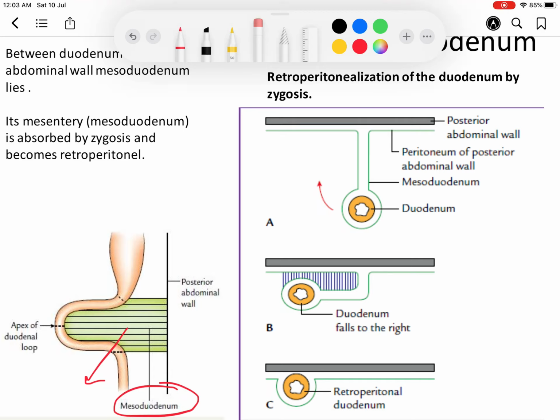So most of the duodenum becomes retroperitoneal, but in the proximal half of the first part of the duodenum, the mesoduodenum will persist.